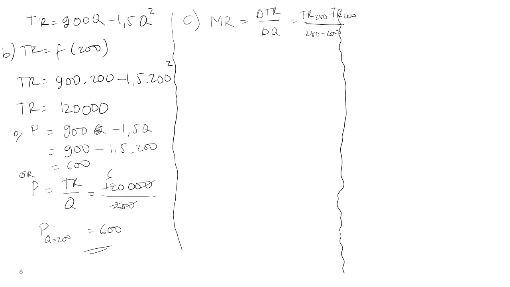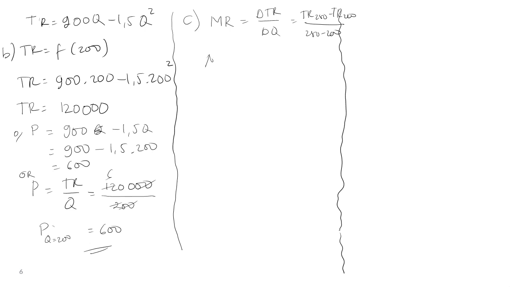My former explanation about MR was for one additional unit. Now it can be modified like this problem, so delta Q can be further than 1 unit. Like this, it's a 50 additional unit. So it is possible.